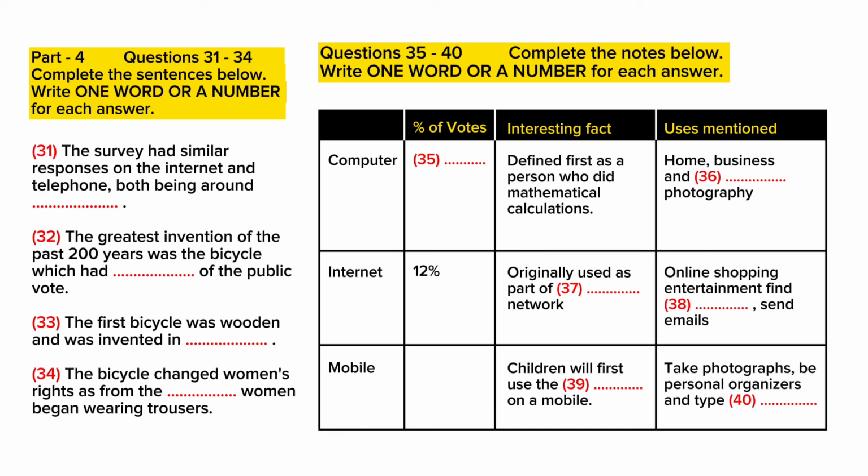Of course, today, the internet has so many uses. We use it for shopping online and entertainment, as well as to find information and send emails. But sadly, there is a darker side to the internet, and some of you have sent me emails about this.